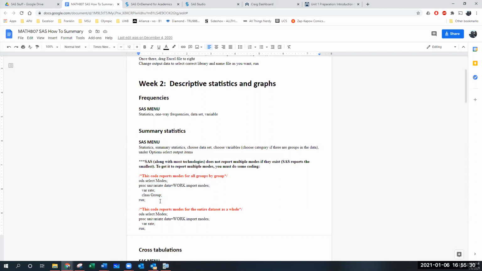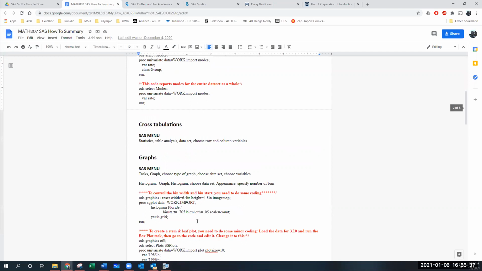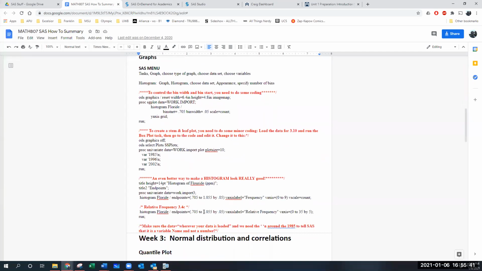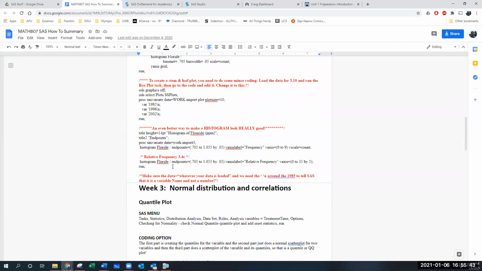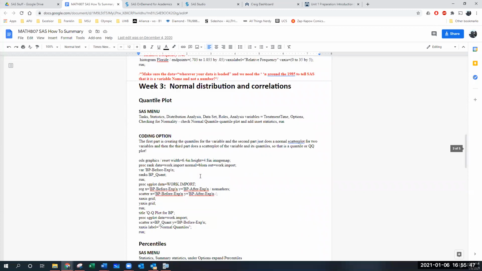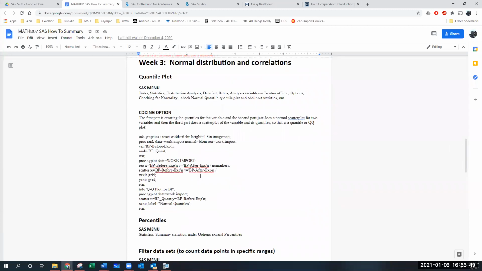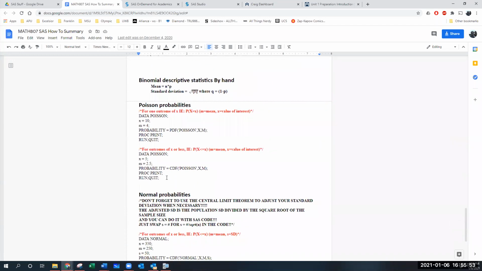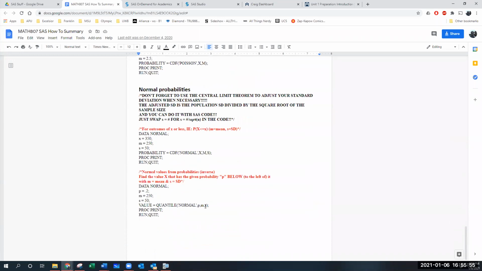She said, I figured out how to get multiple modes, and she gave me the code, so I put it here. Then she figured out a way to make the histograms look better, so this is her code for that. A lot of times I'll get code from students who decide to spend the time and play around with it, which is awesome. And then I'll just add it to this document.